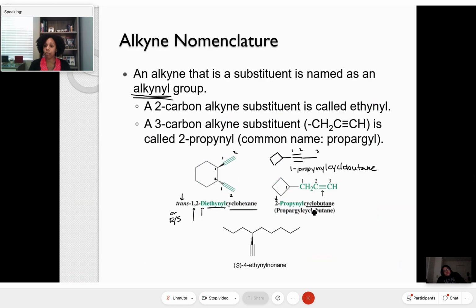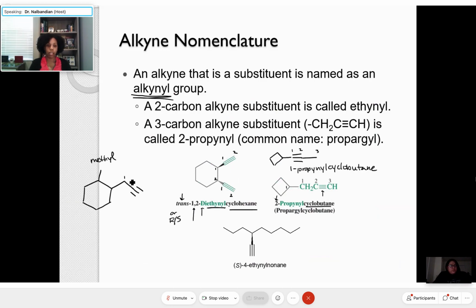Now, this is a complex substituent, so you will have to put it into parentheses if we have more than one thing. But again, we don't put a number in the front. We don't need parentheses here just because we only have this one group. But we can have more things happening. So if I gave you this, so here we have a methyl.